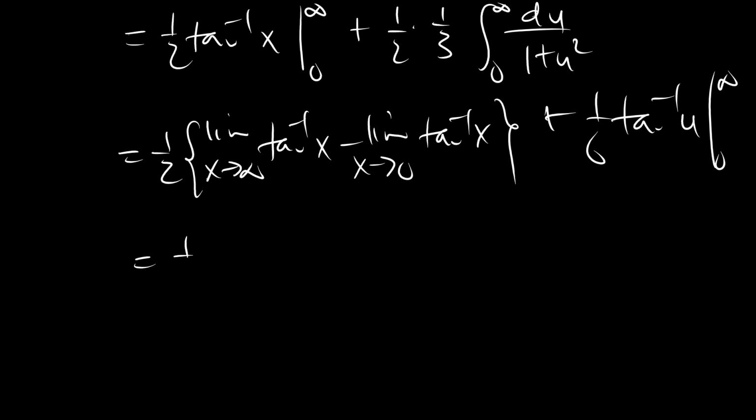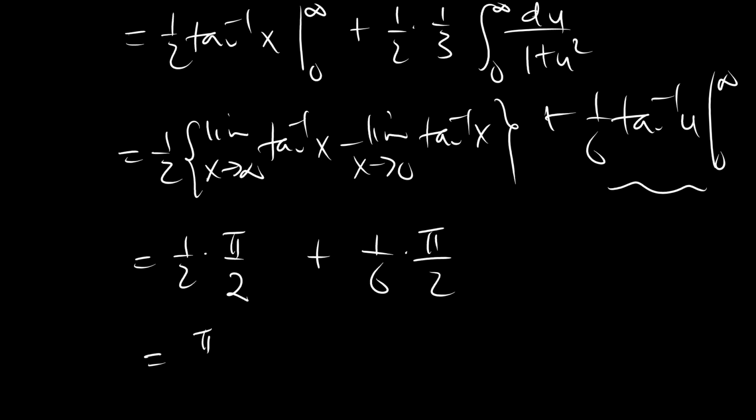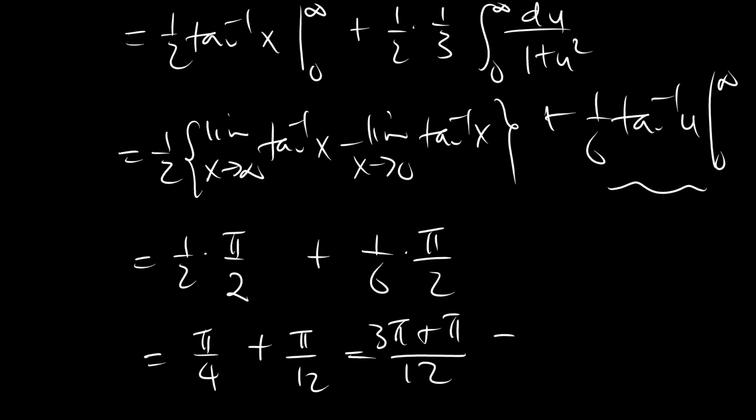Here we have half times pi over 2 plus a sixth times, I think this also would go to pi over 2. And so this is pi over 4 plus pi over 12, which is 3 pi plus pi over 12, which is 4 pi over 12, which is pi over 3.